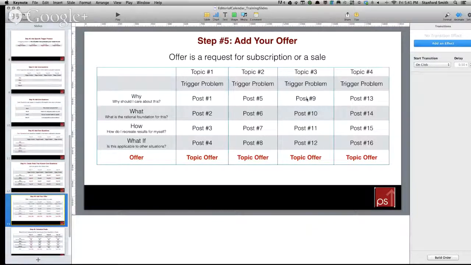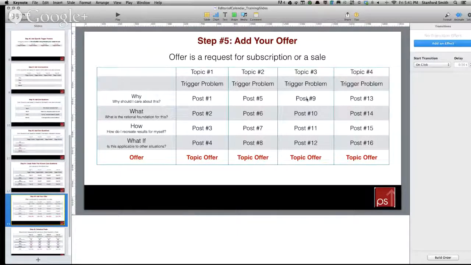The second and third paragraphs talk about the rational foundation, the success stories, the metrics, the principles behind it. Third thing is, how do I recreate results for myself? That's the application portion of your post. And then the what if is, if you have different ways that your principle can apply to other situations, do it, or you can end with suggestions of a few tools. So you almost can bake these 4 learning styles into one post.